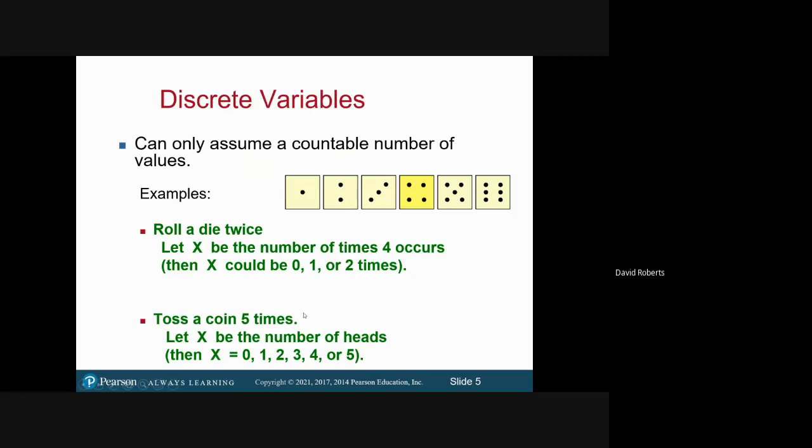So in this particular case, if you roll a dice twice, you can get 0 times a 4 occurs, 1 time it occurs, or 2 times it occurs. So that is discrete. It's not possible to get 1.5. If you toss a coin, you either get heads or tails. If you toss a coin 5 times, you get 0, 1, 2, 3, 4, or 5. So counting numbers, like we learned how to do on our fingers way back when.